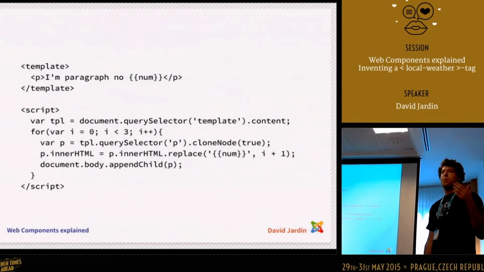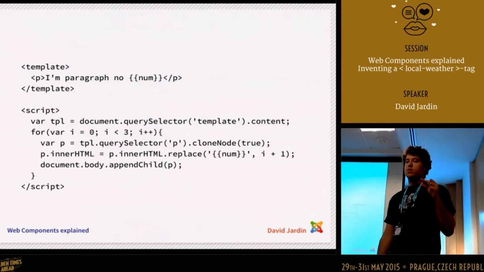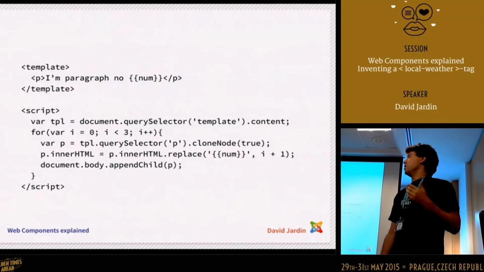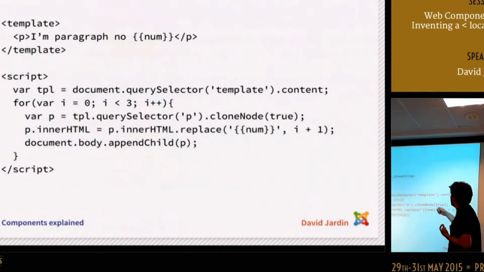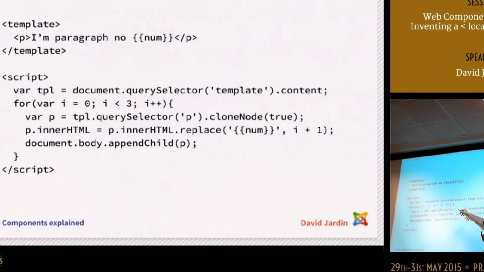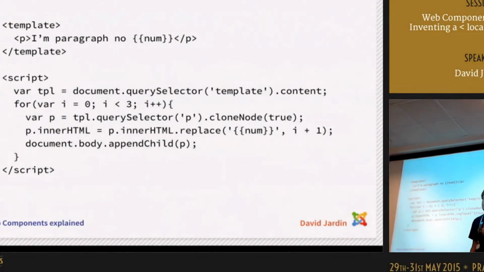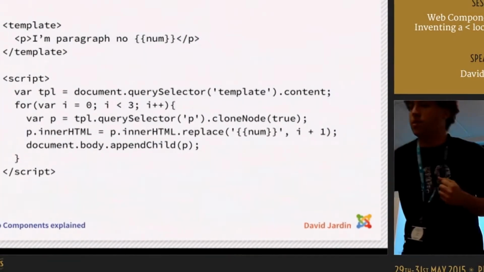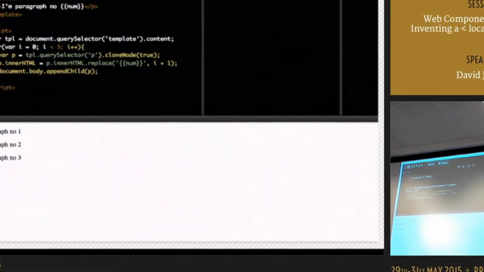It's hidden markup, but you can read the content of this hidden markup with JavaScript and use it, for example, with some placeholder. In this case, that's what I'm doing here. I'm getting the content of this template tag, and with a little loop, I replace the number placeholder with numbers from 1 to 3. And so if you execute it, it actually renders 'I'm paragraph number 1, 2, 3'.